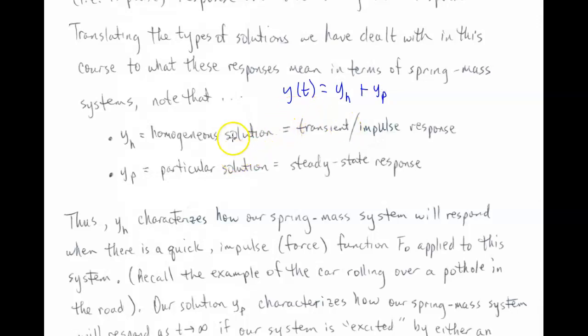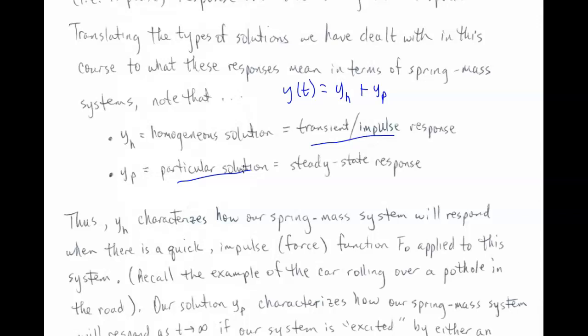Whenever we talk about a homogeneous solution in terms of spring mass systems, we're talking about the impulse or the transient response. When we say a steady state response, what that really is in terms of differential equation theory is the particular solution.